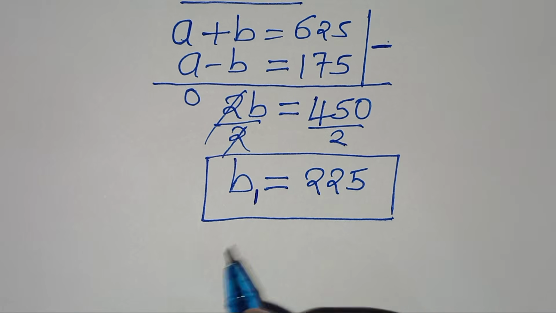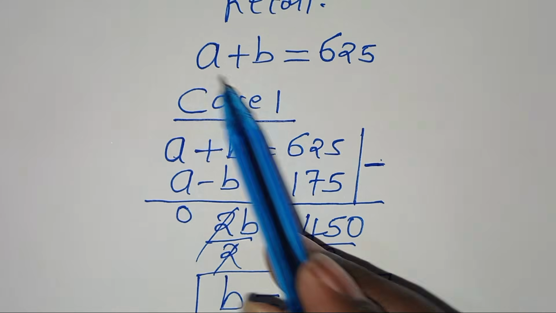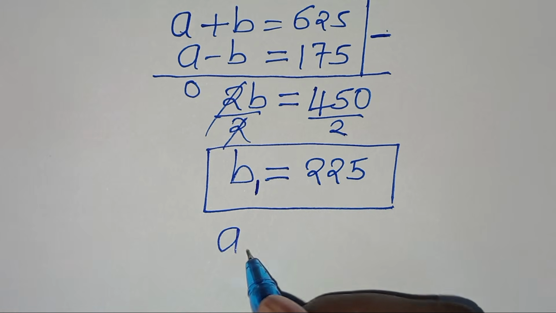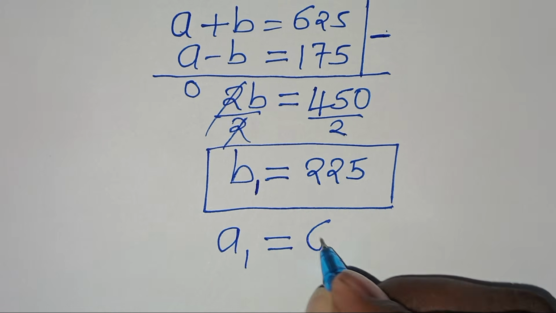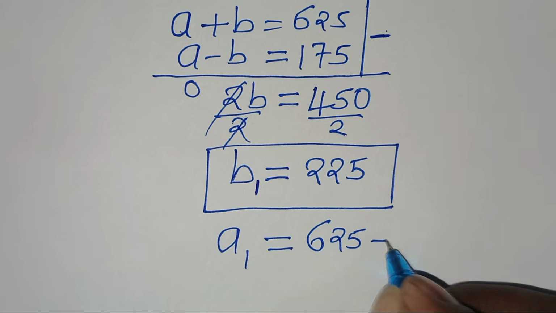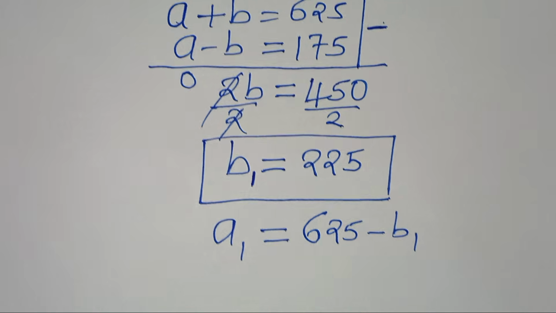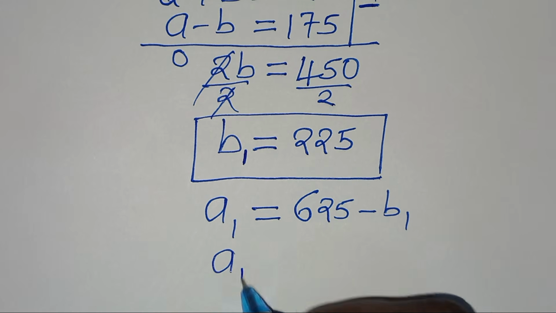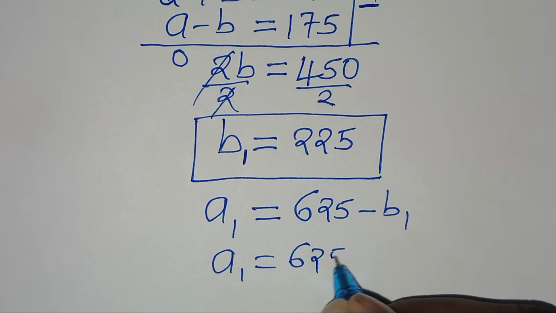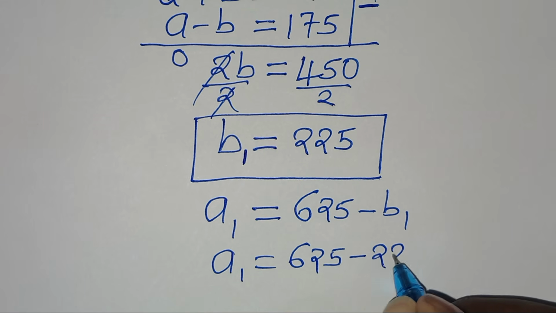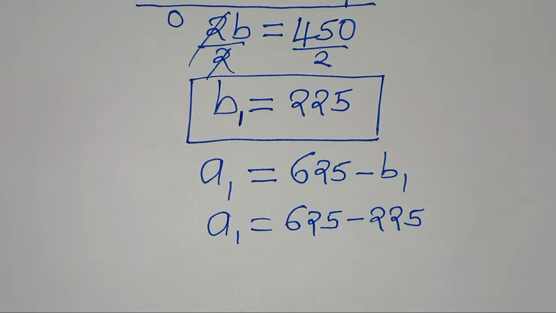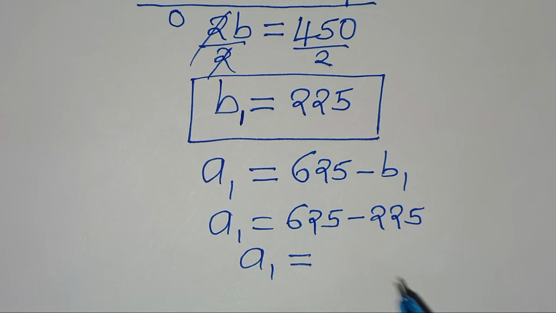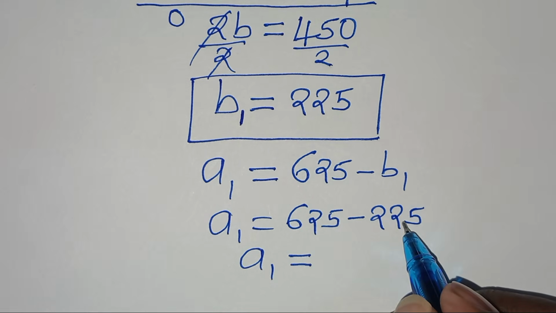Now we can solve for a1. From here, a1 is equal to 625 subtract b1. So a1 is equal to 625 subtract 225.